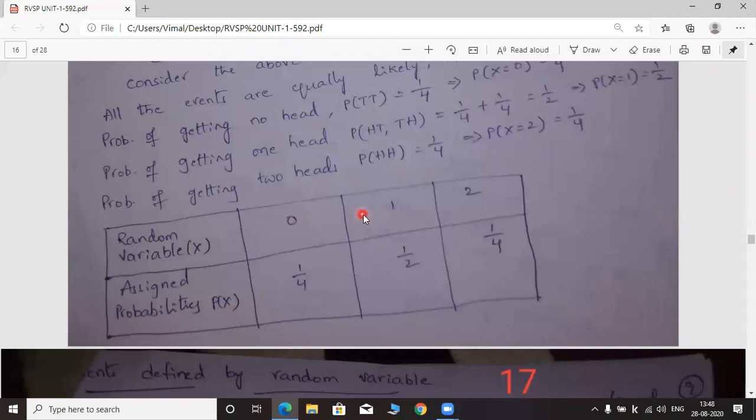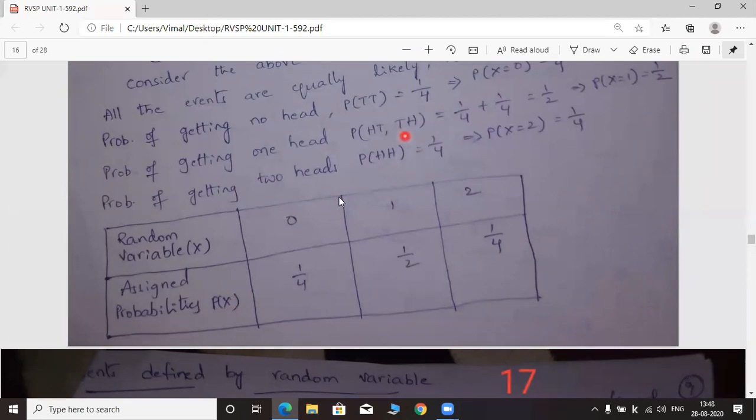X is equal to 0, X is equal to 1, X is equal to 2. X is equal to 0 means getting no head, X is equal to 1 means getting 1 head, X is equal to 2 means getting 2 heads. So what are the corresponding probabilities? Assigned probability P of X.